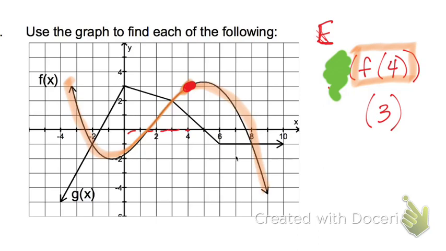Now the G comes back into play. We can bring him back. I'm going to go to X equals 3. So take my pen, go to 3, and my G function is right here at 2. So my final answer is 2. So work inside to outside.